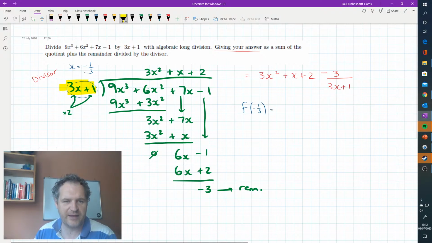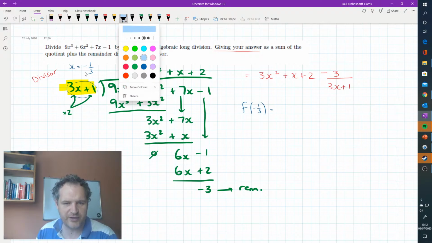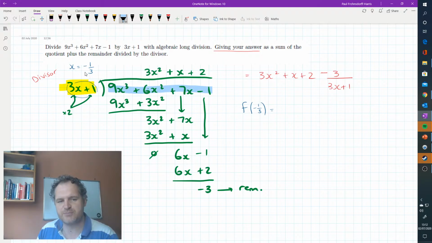So let's put this into the original expression. We're putting it into here. I'm going to change the colour so you can see exactly where we're putting it. I'm putting it into this expression.